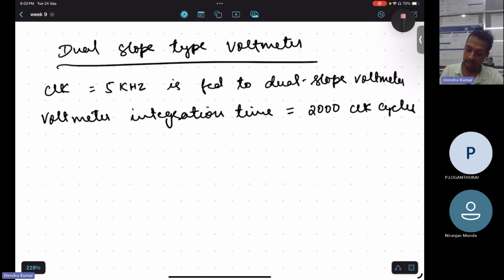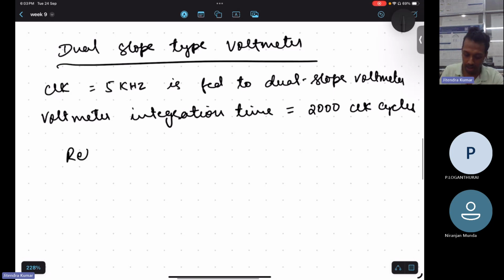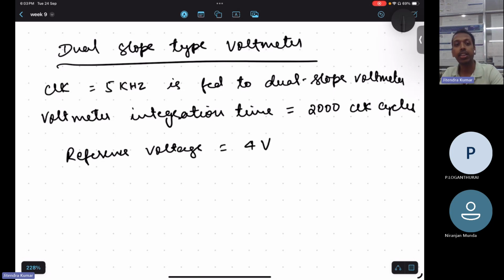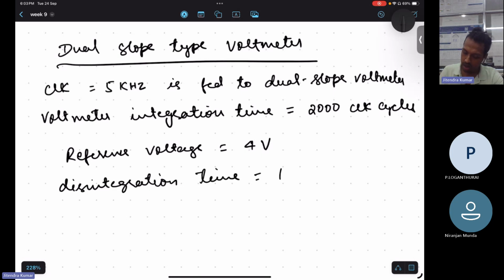Okay, and during this voltmeter measurement, we are going to detect some unknown input voltage, and we have to find out how much it is. The reference voltage is given as 4 volt, and the disintegration time is also given, that is 190 clock pulses.